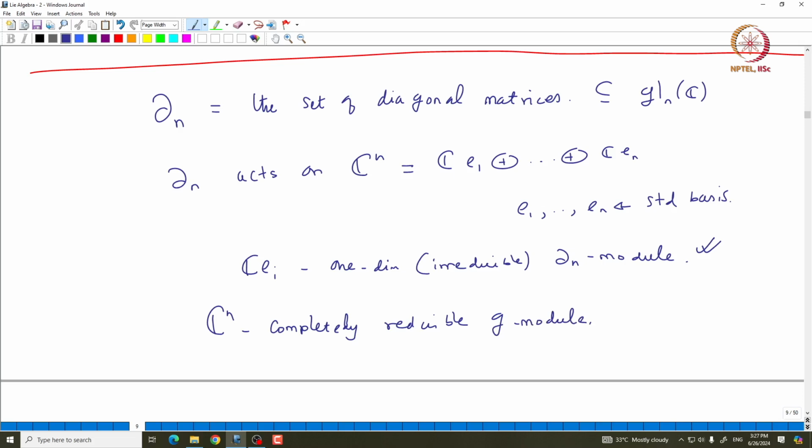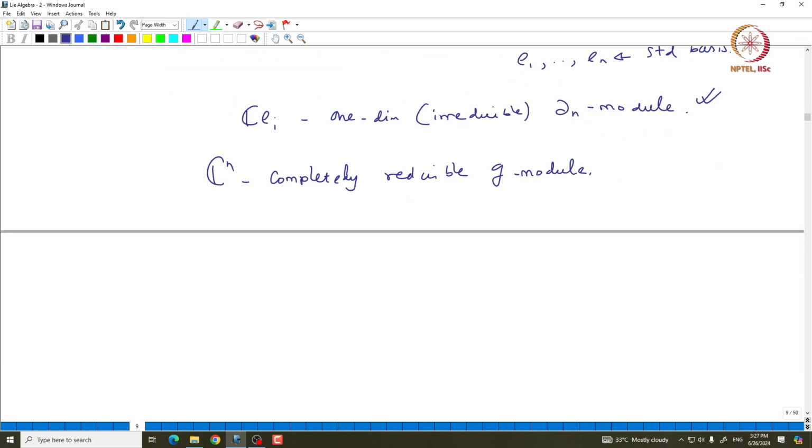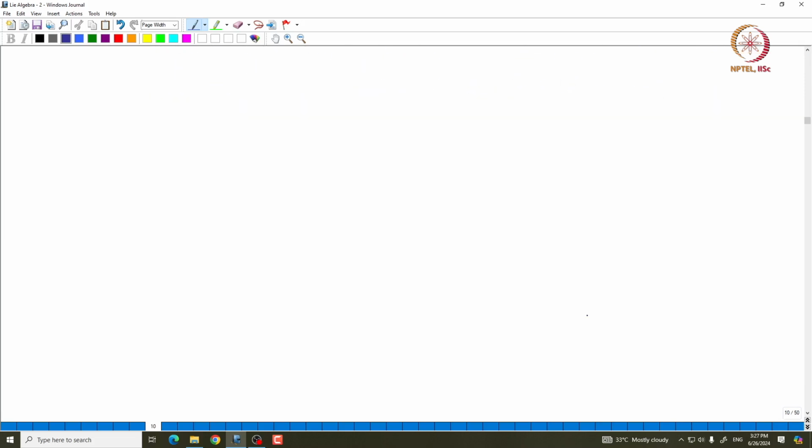Now let us try to understand this for just a one dimensional Lie algebra. If we take this A1, which is spanned by, let us say, Cx, this is the one dimensional abelian Lie algebra.